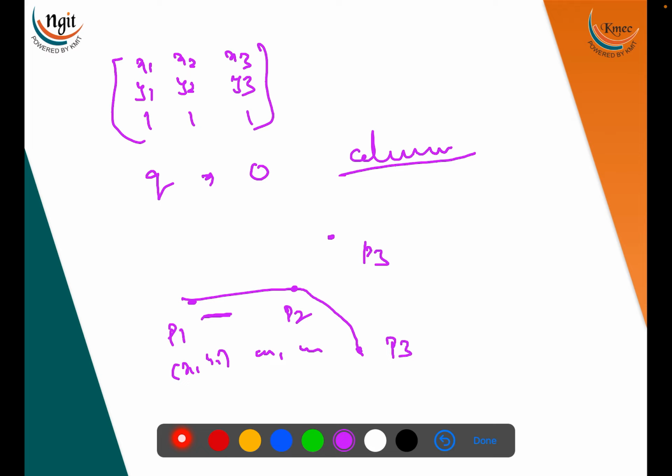So now here let's understand. Let P1, P2, up to Pn be the vertices of the convex polygon Q in clockwise order. That means P1, P2 and P3 are in clockwise order. Let P be any other point.